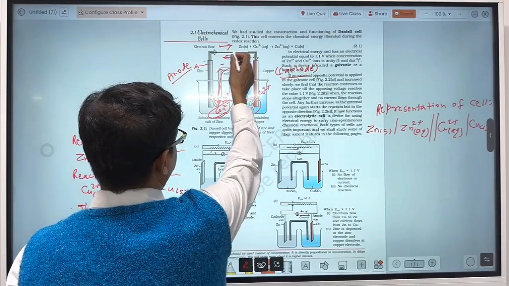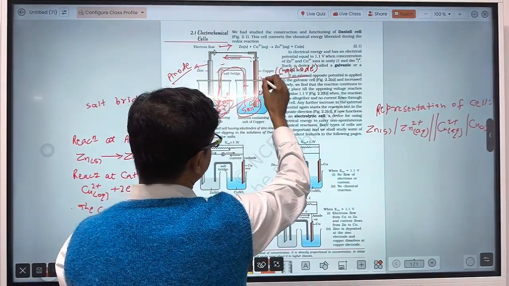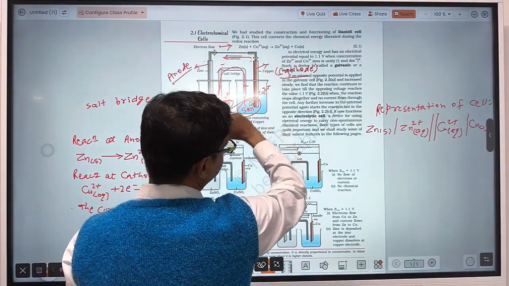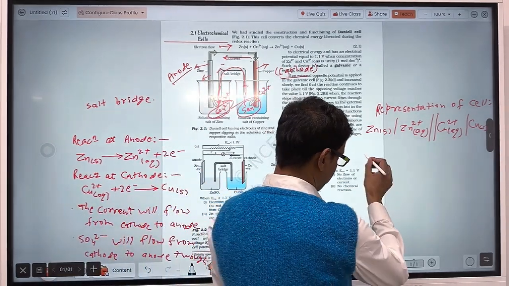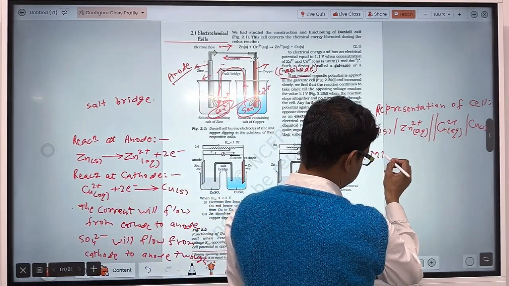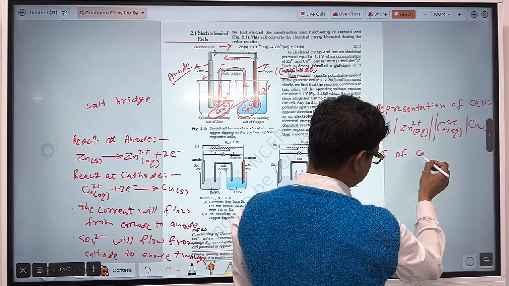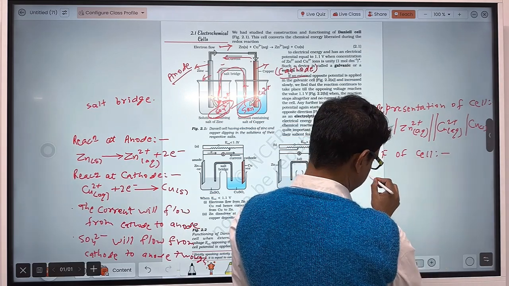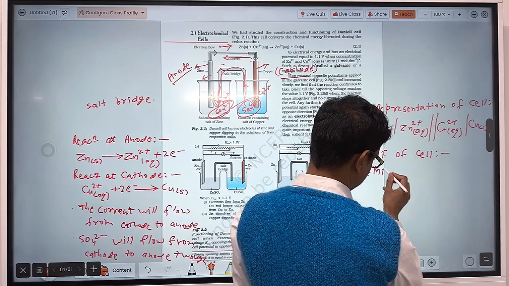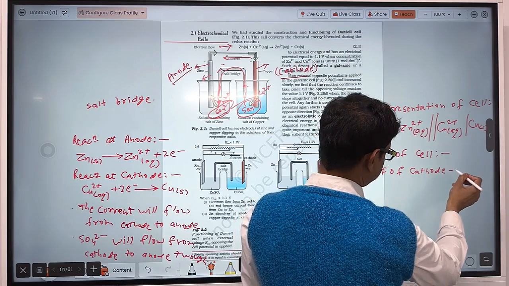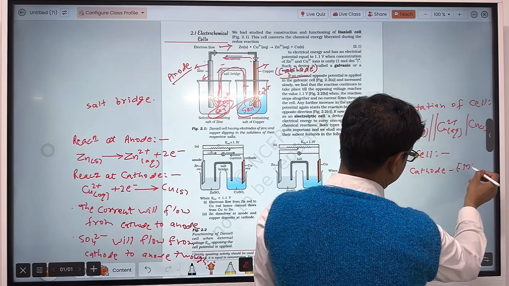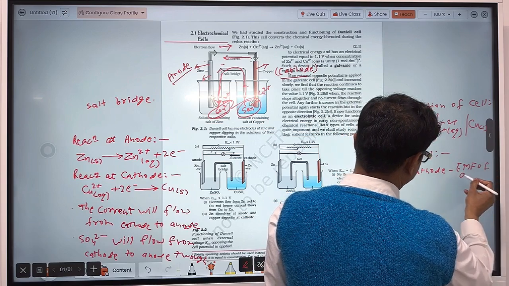What is the EMF of the cell? The EMF of the cell will be the electrode potential of the cathode minus the electrode potential of the anode. So EMF of cell equals EMF of cathode minus EMF of anode.